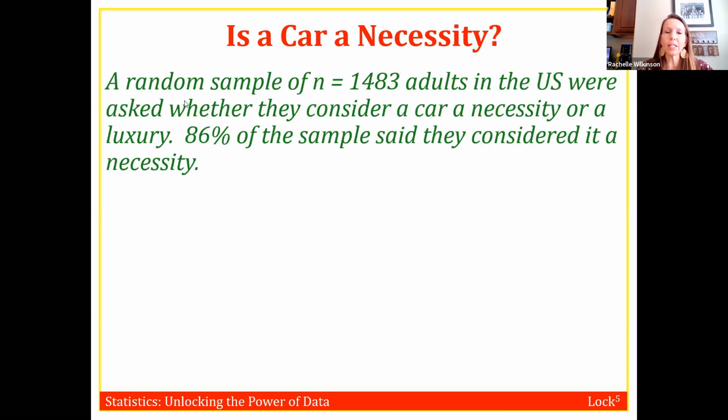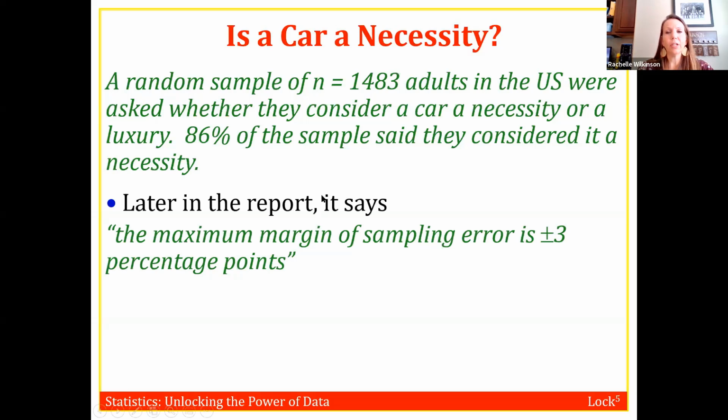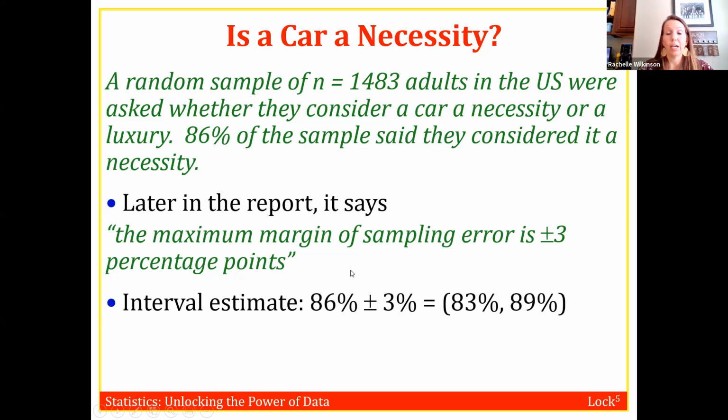We're talking about this study that they did with the 1,483 adults, and they were asked whether they considered the car a necessity. 86% of the sample said they considered it a necessity, and later on in the report it says the maximum margin of sampling error is plus or minus 3 percentage points. So now that they've given us the margin of error, we can compute a confidence interval.